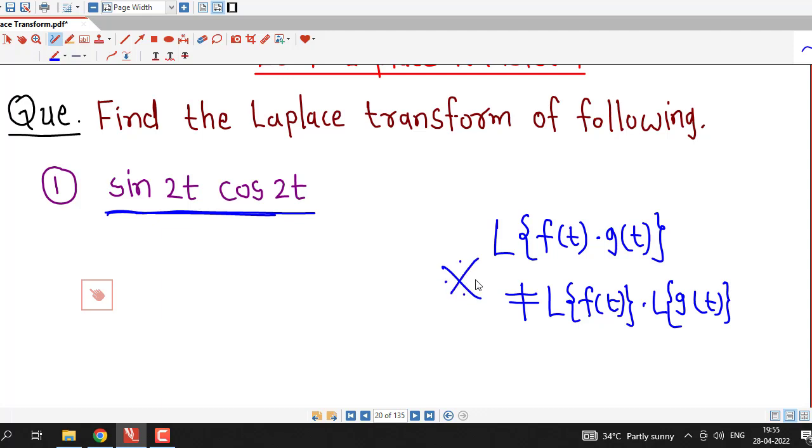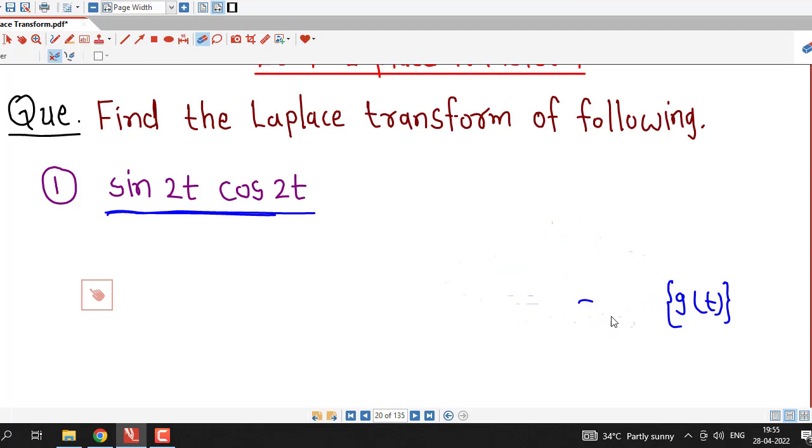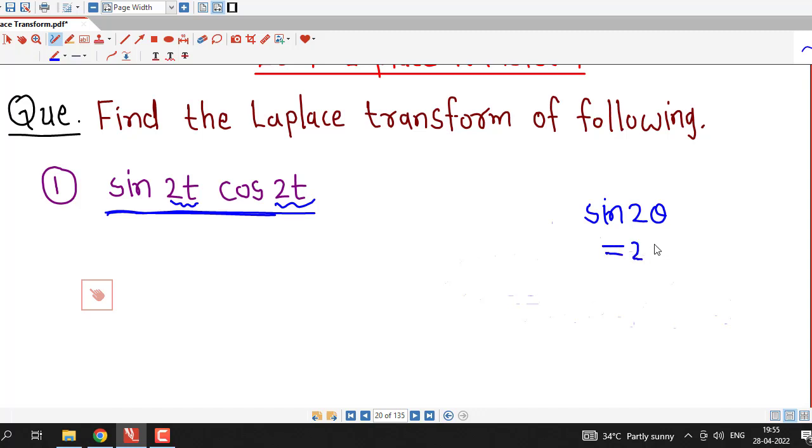So we have to convert this function in such a way that we can use the Laplace transform formulas of standard functions. You can see here we have sine and cosine, and the angle is 2t for both the functions. So we can use this formula. We know that sine 2 theta is equal to 2 times sine theta times cos theta.